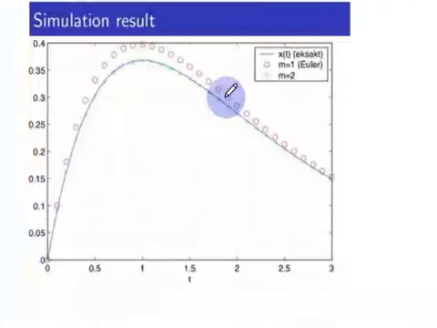This blue solid line represents the exact solution, and this graph with red circles represents the curve of the first order Taylor method. These red circles are the solutions. This curve with red circles represents the first order Taylor method.